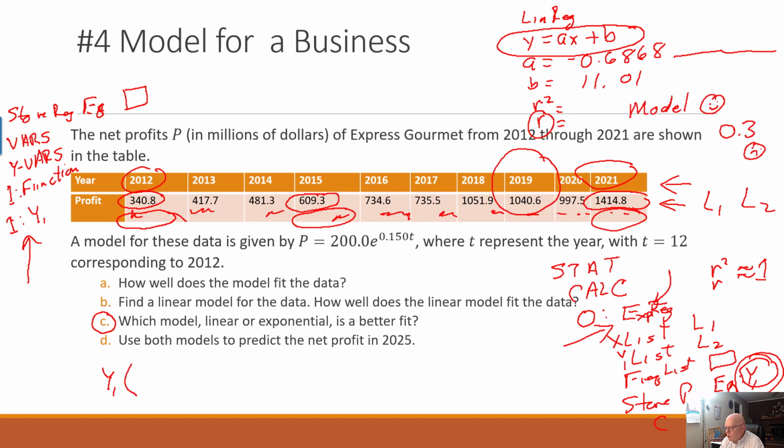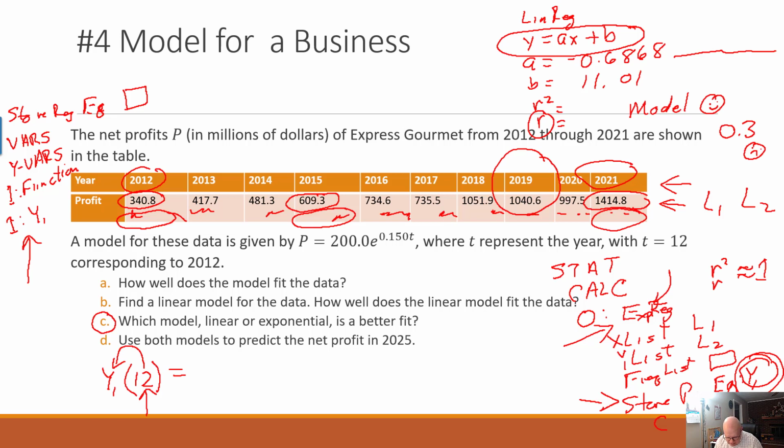It'll give you y sub 1 in left parentheses. And what you can do is, if you want to find out what the prediction is for the profit, you can put the 12 in there, close it off, and because you stored that equation in the calculator, this 12 is going to go into the equation and give you a result.